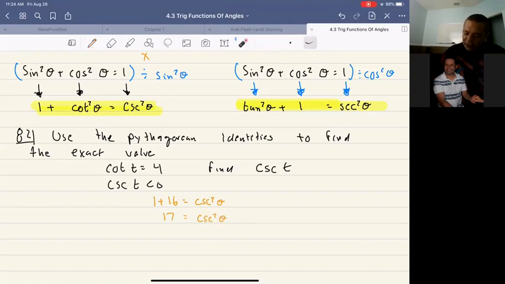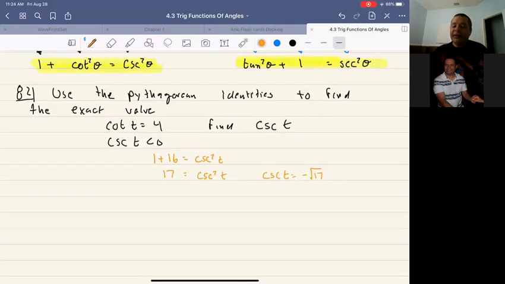Now we know cosecant, actually these are t's. But we're given that cosecant is less than 0. Okay, so cosecant of t should be negative square root of 17.